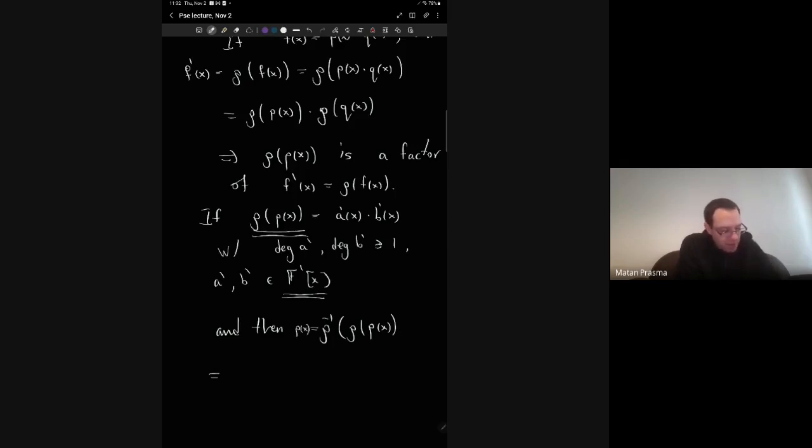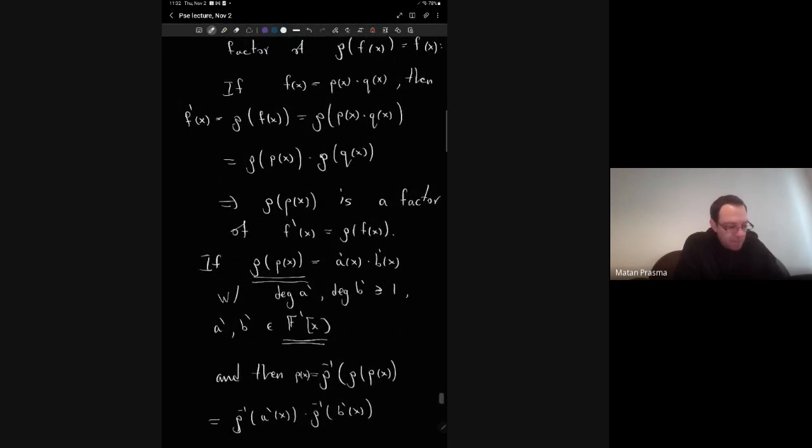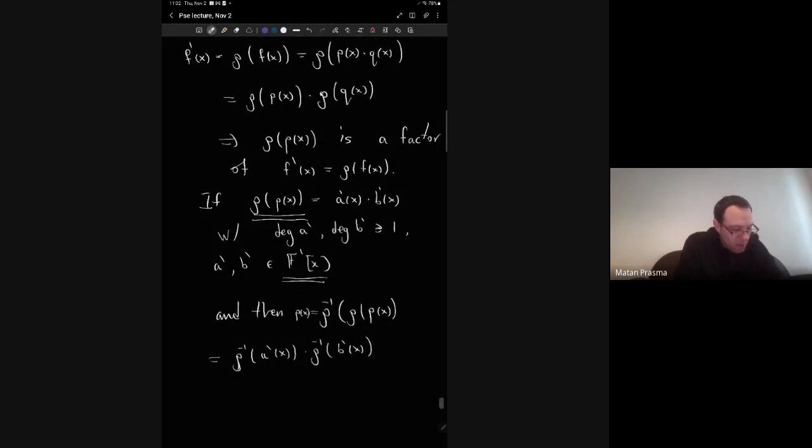And on the other hand, since rho of p(x) is a product of two things, I get rho minus 1 of a prime(x) times rho minus 1 of b prime(x). And rho minus 1 is simply acting on the coefficients, so it preserves the degree. Whatever the degree of a prime and b prime was, the degree of rho minus 1 of them is the same.